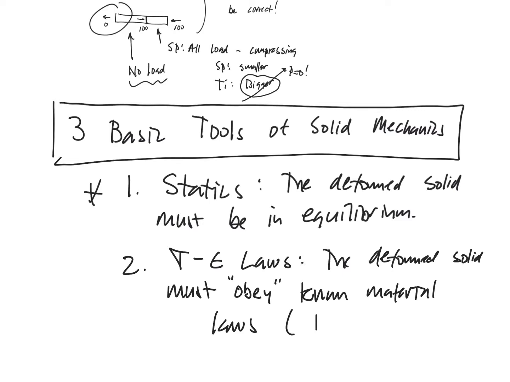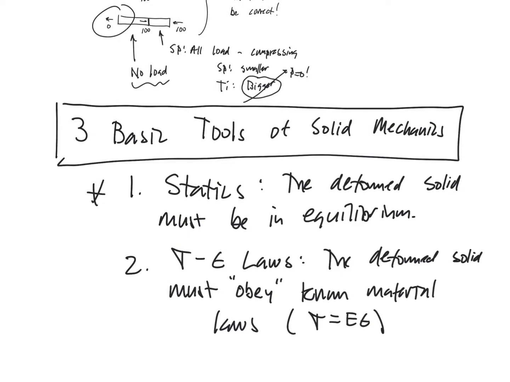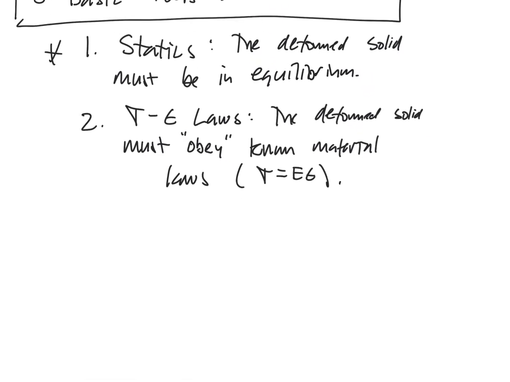So for example, sigma is equal to E times epsilon. Now for the axial bar, it's going to be pretty simple, and it's kind of cool how this works out. So the axial bar, remember the stress-strain law, let's just write what we did upstairs. So that's going to be sigma is equal to E times epsilon.